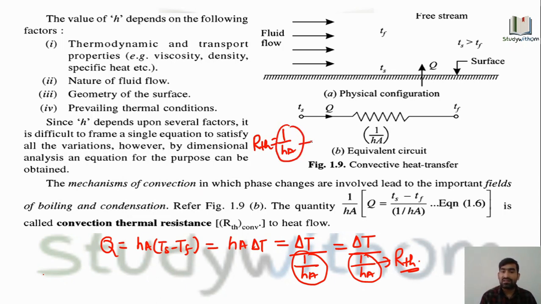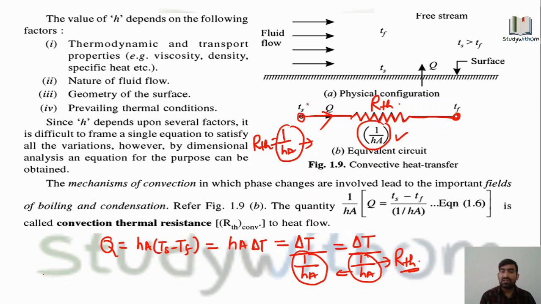If you are analyzing this with the analogy of Ohm's law in electricity, then what you will get? This will have exactly the same equation as well as nature. Then this R thermal can be written like this. So R thermal is 1 upon HA, which we have already derived, that is written here, right?